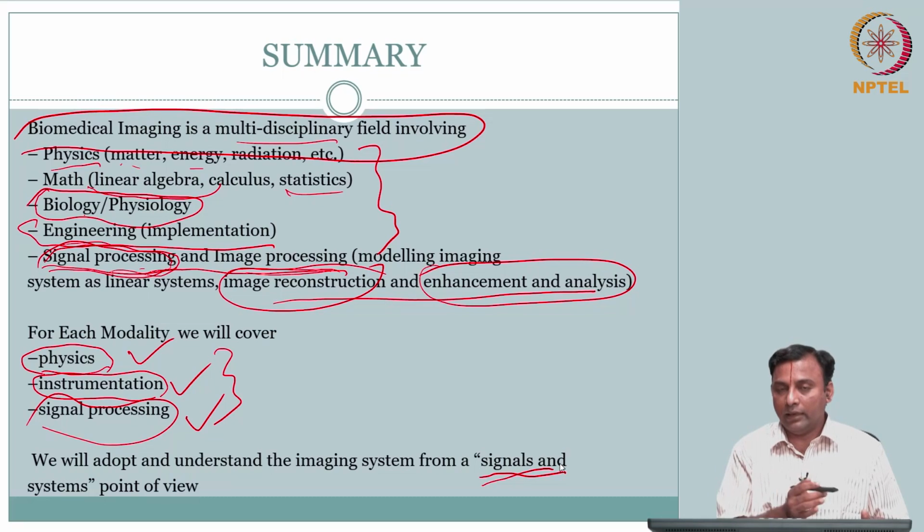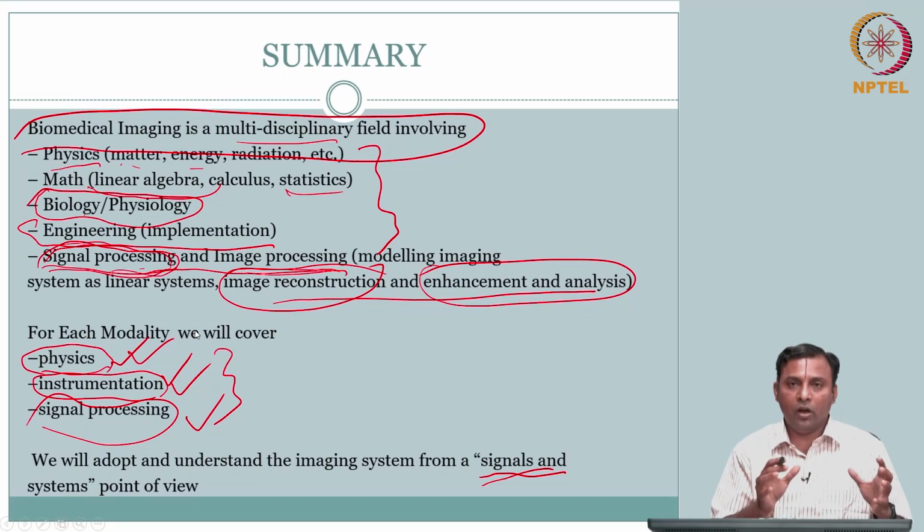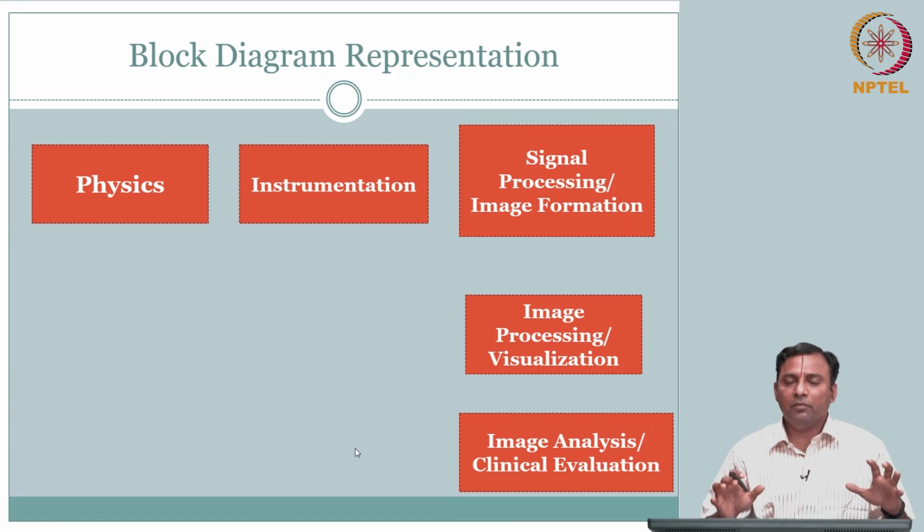I found the content to really gel well for a typical biomedical engineering or engineering student who is trying to get into biomedical imaging, right. So there is a concept organization that involves physics, instrumentation and signal processing. So we will adopt this point of view. Clear?